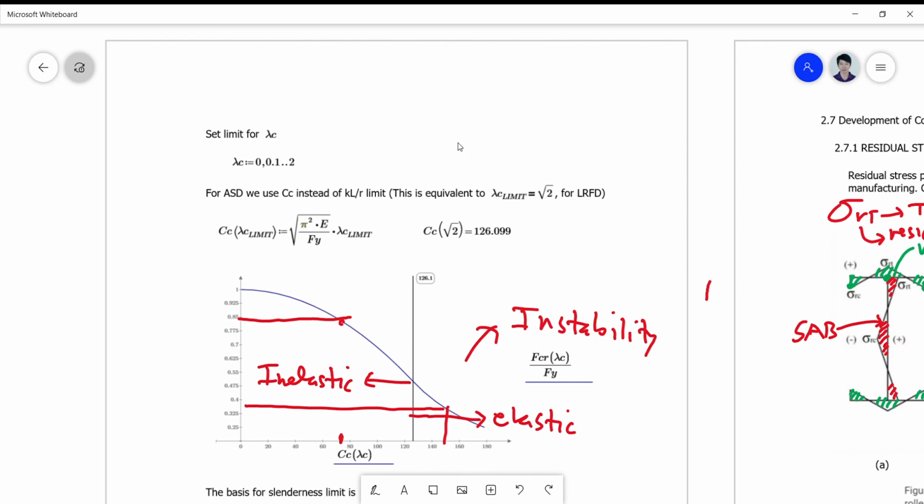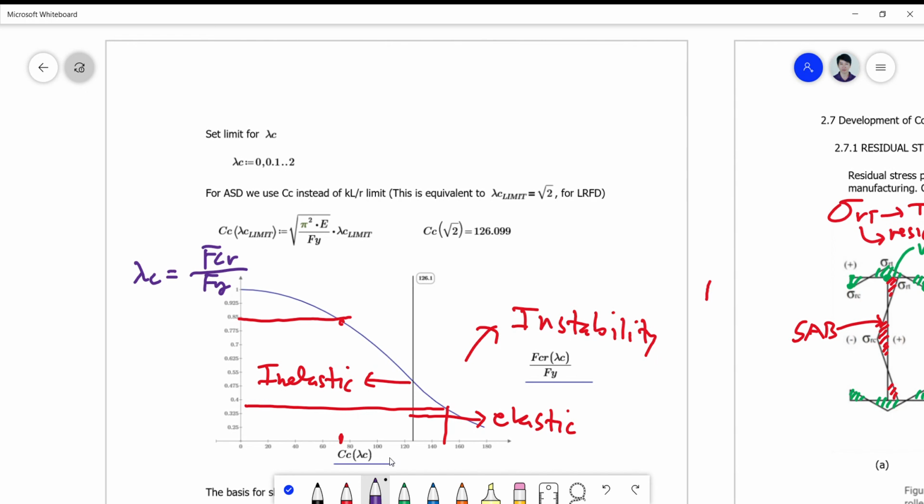Okay, so how do we interpret this? What is this vertical axis here? So simply, this is your Fcr over Fy, which is what? Which is the lambda c.